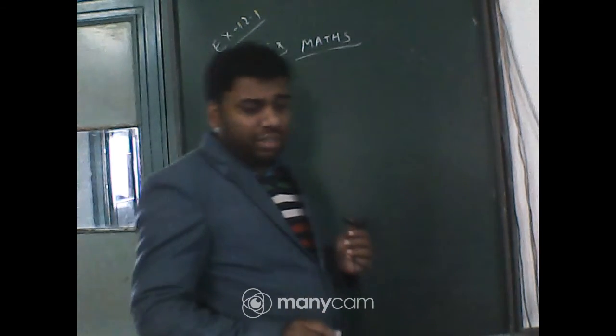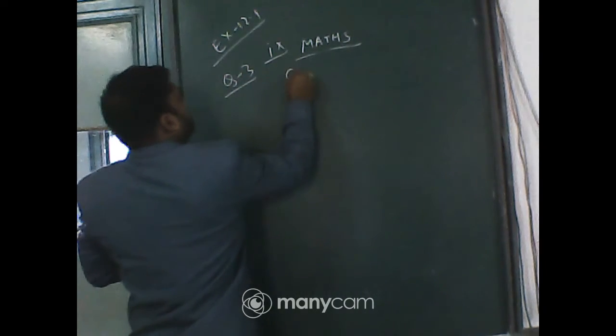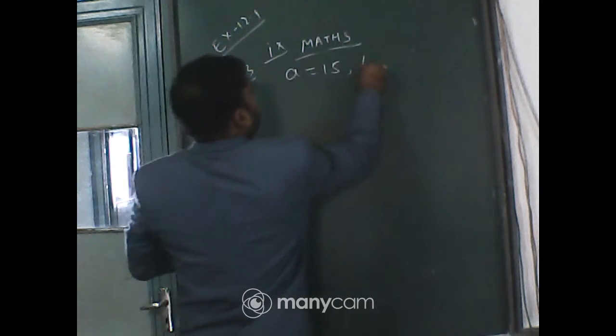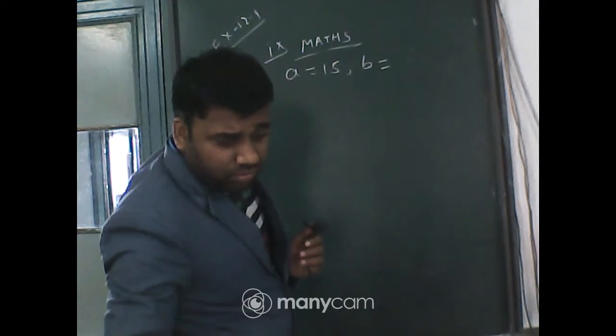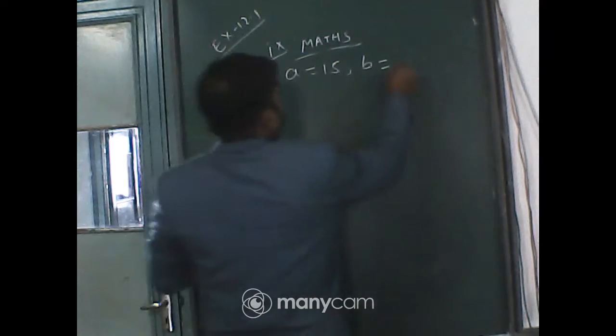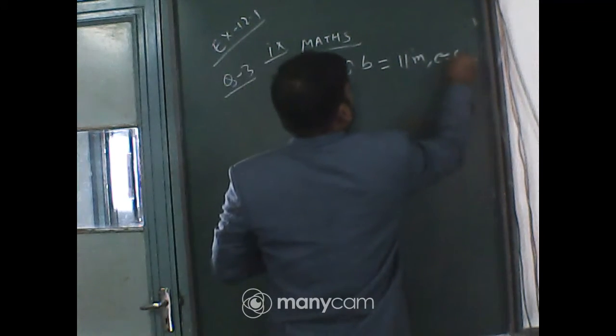I am taking A equal to 15 meter, B equal to 11 meter and C equal to 6 meter.